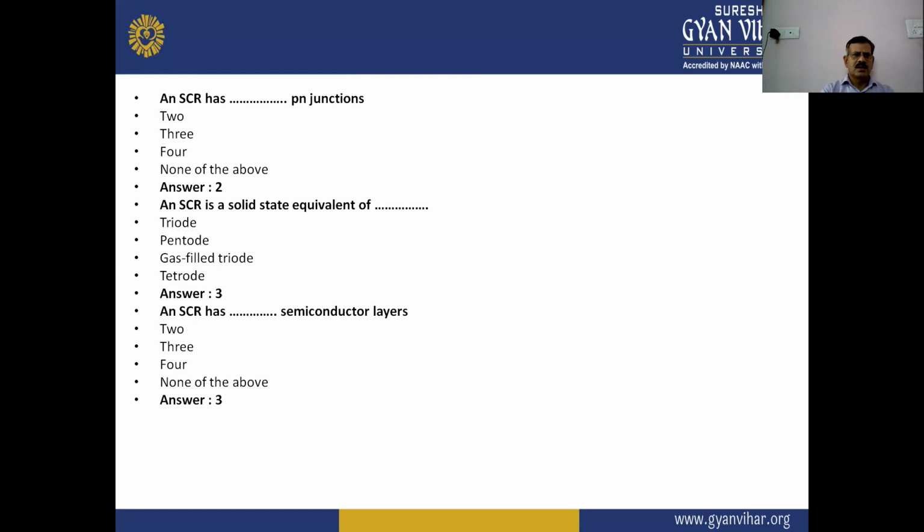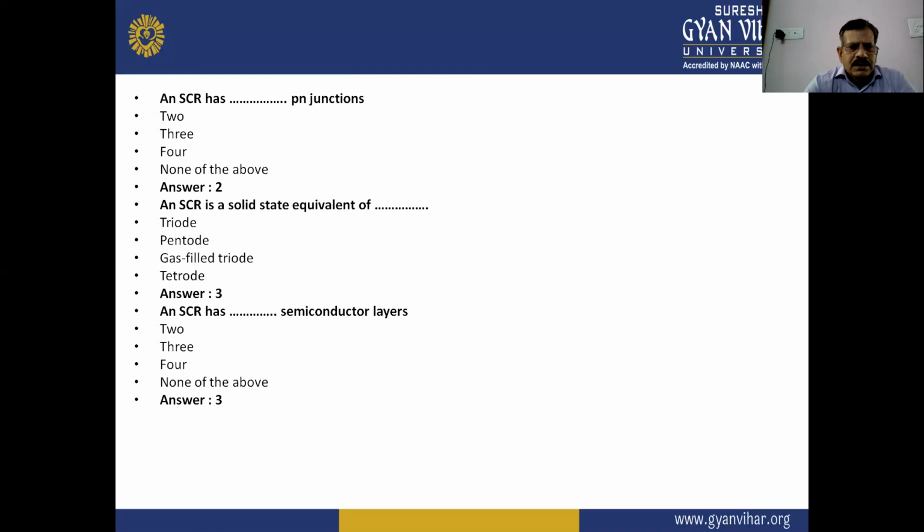The correct option is the second, because a silicon controlled rectifier has 3 PN junctions, that is J1, J2 and J3. So SCR is a 4-layer, 3-terminal and 3-junction device. So the correct answer is option 2 here.